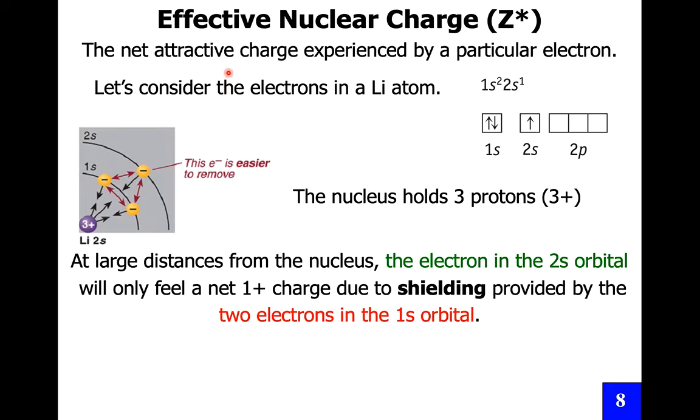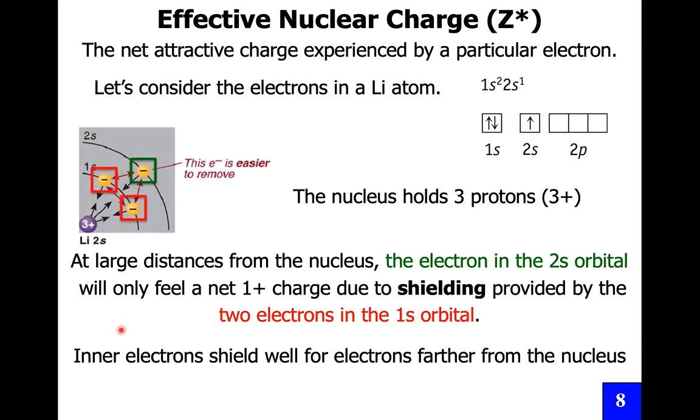And that's what this effective nuclear charge is: how much charge it feels from the nucleus versus the actual nuclear charge, which is easy, it's 3. So at large distances from the nucleus, the electron in the 2s orbital will only feel a net charge of +1 due to the screening provided by the other electrons.